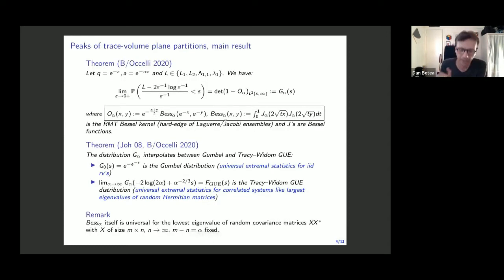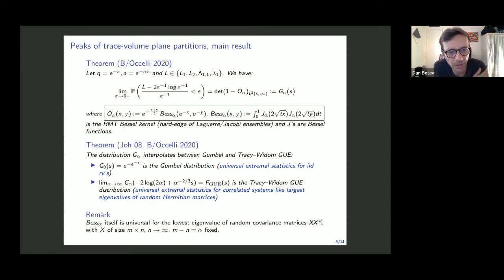I should also say that Bessel itself, if you take the Fredholm determinant of this operator, that is also a universal object in random matrix theory, and it appears when you look at the lowest eigenvalue of random covariance matrices. So take X star X, where X is a random matrix with some IID entries.